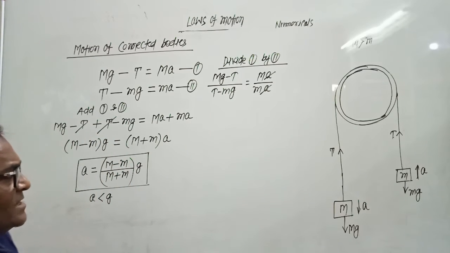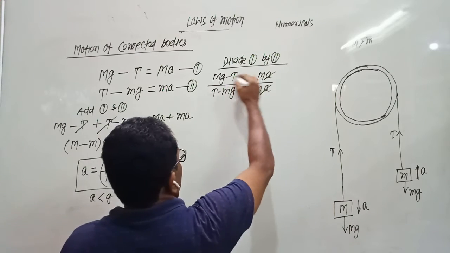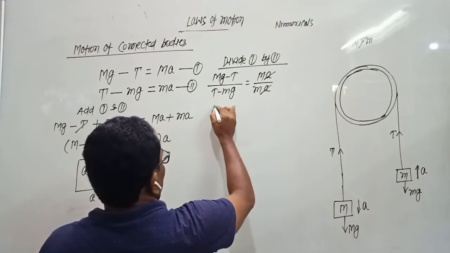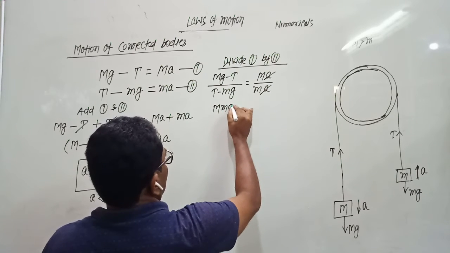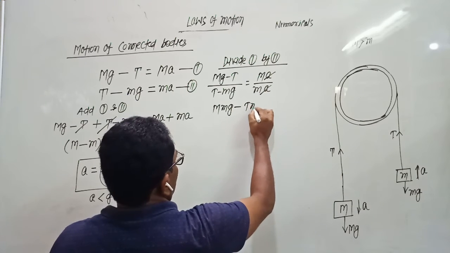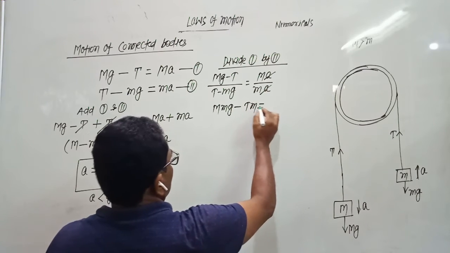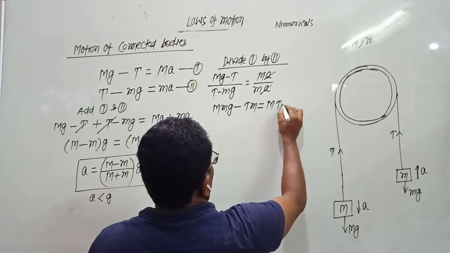So a gets cancelled and we cross multiply: M into mg minus T into m equals capital M into T minus Mmg.